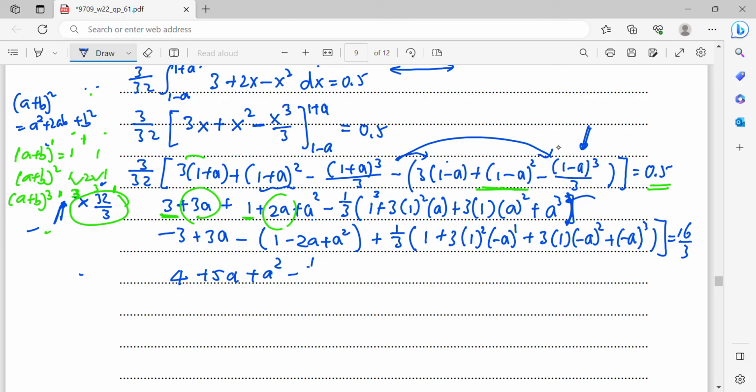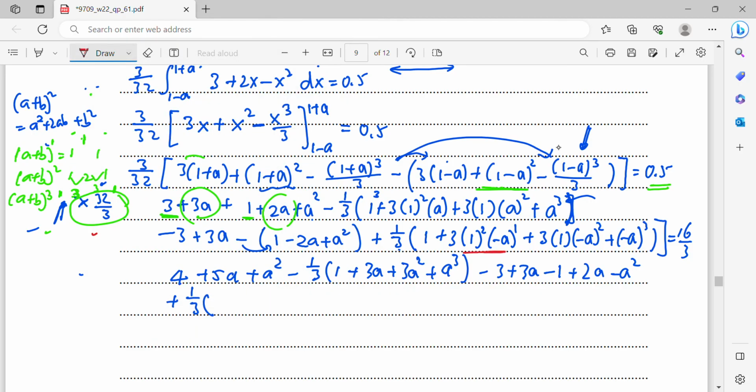Then for this bracket, I will expand it. It will be negative 1 over 3. Then 1 plus 3a plus 3a squared plus a cube. Okay. Then minus 3 plus 3a. And then this minus times into the whole brackets. It will be minus 1 plus 2a minus a squared. And then this 1 over 3, I will keep it outside and multiply the terms inside the bracket.